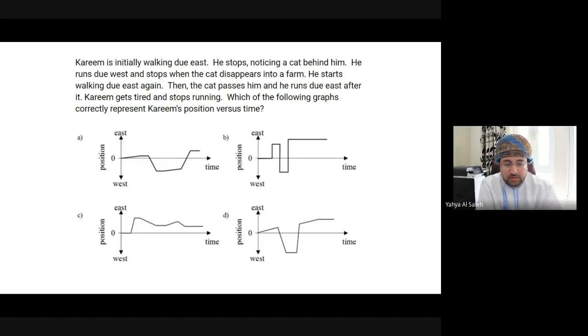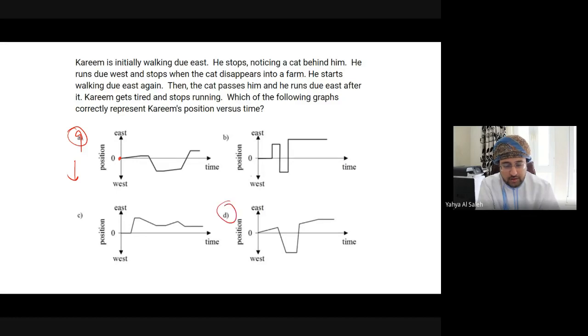Well, let's do it one thing at a time. Kareem is walking east. East is up, west is down. So since he's walking east, the line should be going up. So maybe A is correct, maybe D is correct.